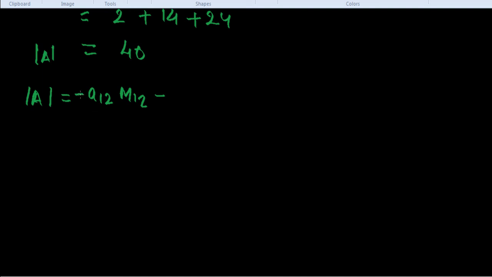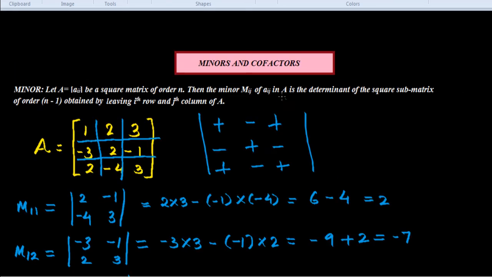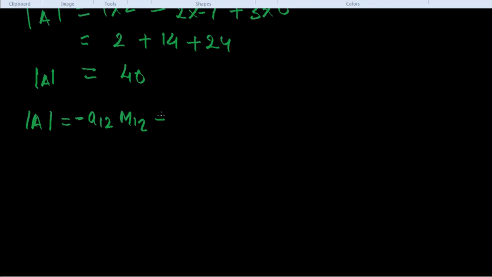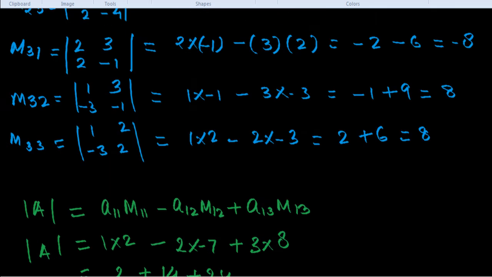The second column, it would be negative, where there is the sign convention. If we use here the sign convention, for this we have to take negative, positive, negative. So we have to choose the negative sign here. Then positive A22 M22, then negative A32 M32. Now we look what happens if we put these values.